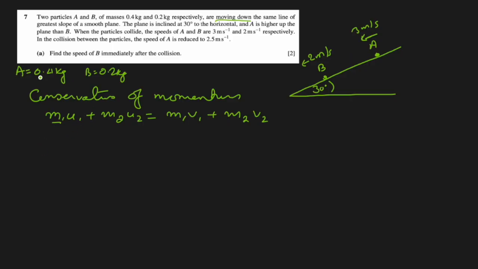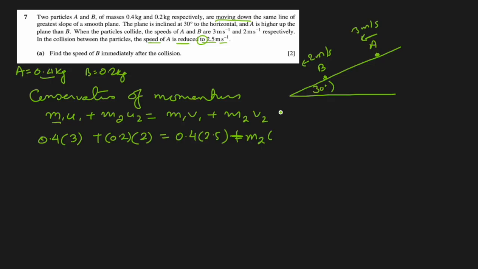The mass is 0.4, u is 3, plus m2 is 0.2 kg, u2 is 2 meters per second. Same direction, both are positive. After collision, the speed of A is reduced to 2.5. This is very important; sometimes they say reduced by 2.5, so people in a hurry who don't read carefully get confused. So it's 0.4 mass, 2.5.